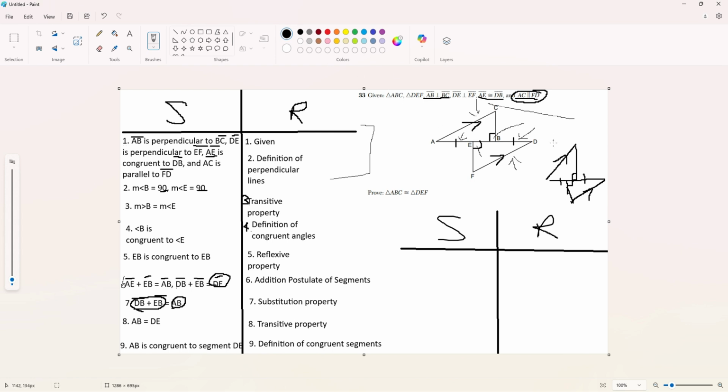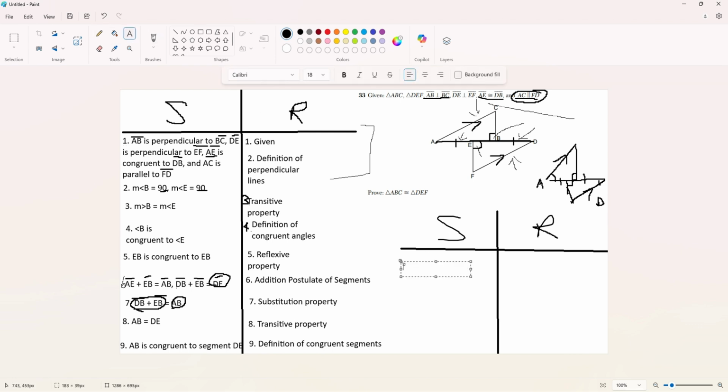Now, what this means is that AD is a transversal, meaning that angle A and angle D are congruent. Let's write that down. A and D are congruent. Their relationship is alternate interior angles, and our reason is the alternate interior angles theorem.